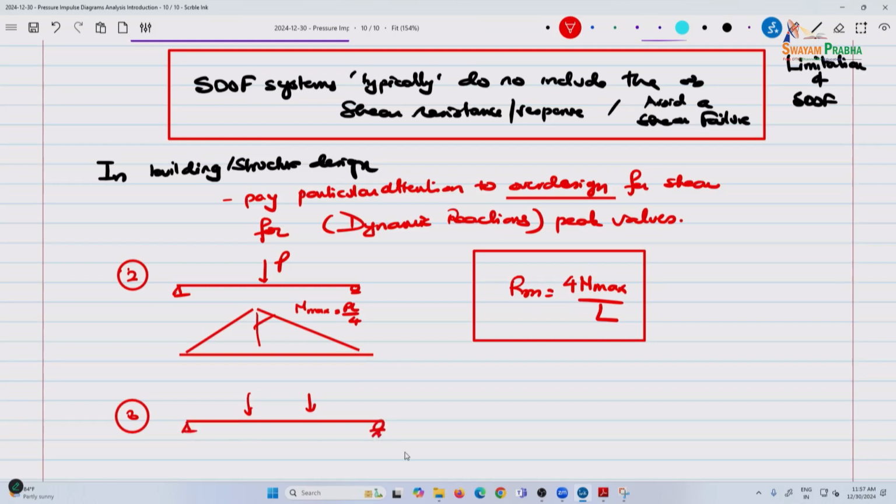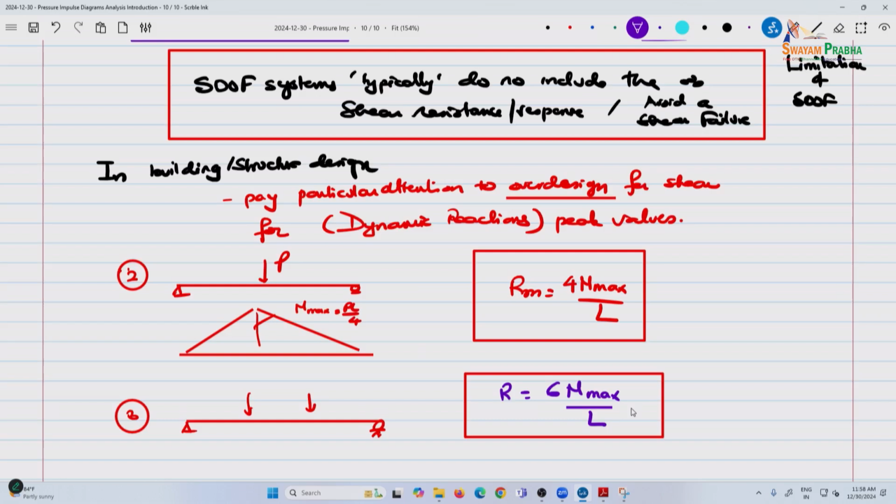In roof structures you will have beams and girders, or floor structures, you will have beams and girders. Quite often for a 30 feet span, we might put 2 beams. So these are very common scenarios, but you can clearly extend it to other cases. Based on the moment in this scenario, Rm equals 6 Mmax divided by L.